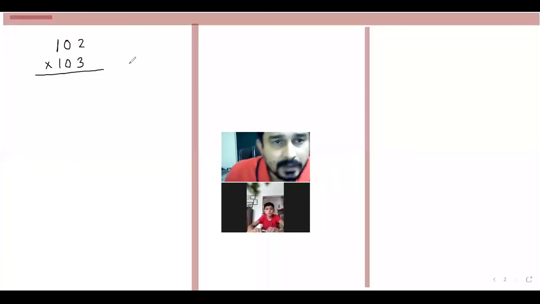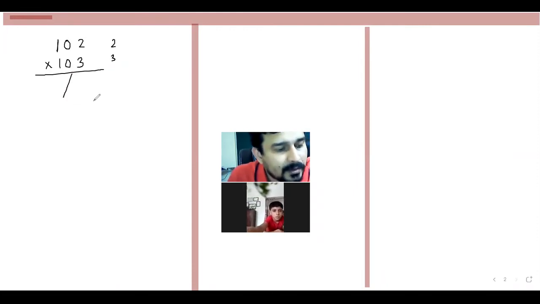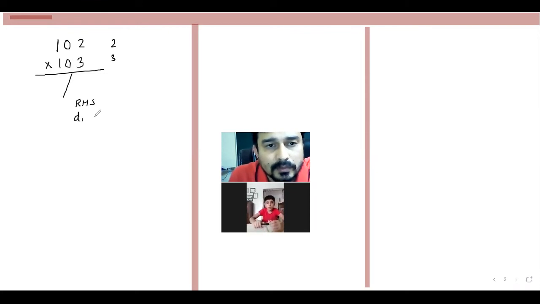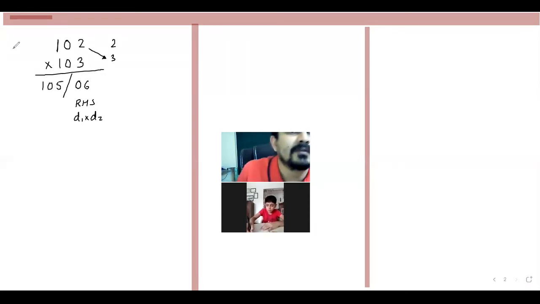Here the deviations are 2 and 3. For RHS I multiply D1 and D2 and get 6. But the rule says the RHS must have 2 digits, so I will write 06. And for LHS, it is going to be 105.